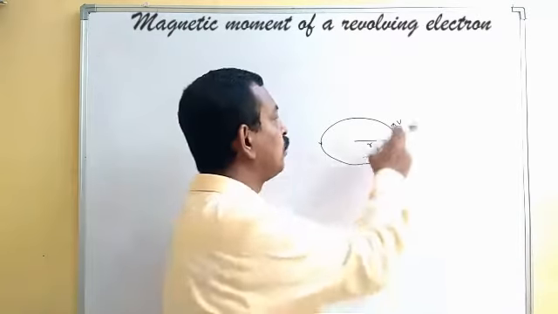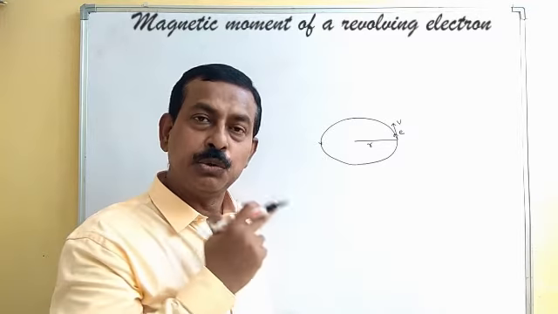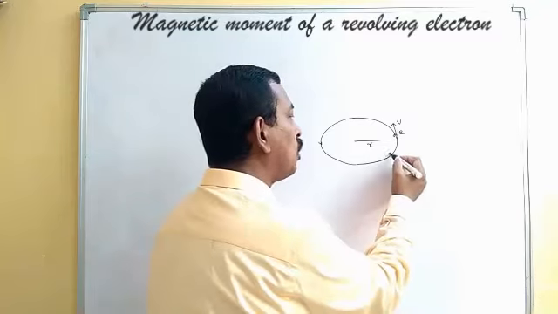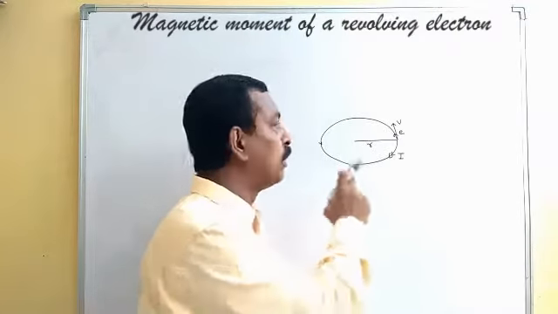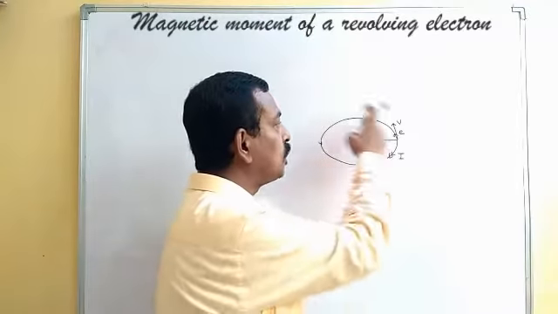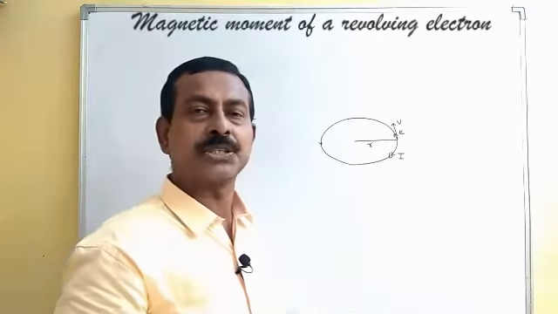If the electron is revolving in this direction, there will be a current associated due to this motion of the electron. Of course, the direction of the current will be opposite to the direction of flow of the electron. So if the electron is moving in the anti-clockwise direction, the current will be in the clockwise direction.